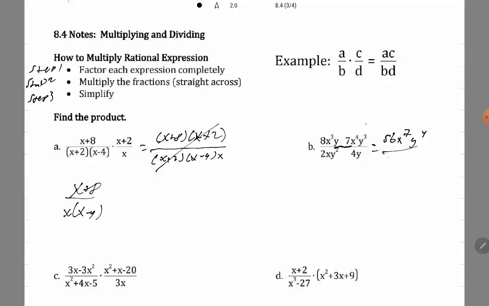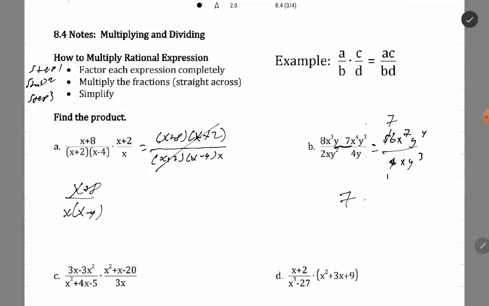And then on the bottom, we have 2, 8, 8xy cubed. Okay. So 8 goes into 56 7 times. So we have 7 up top.